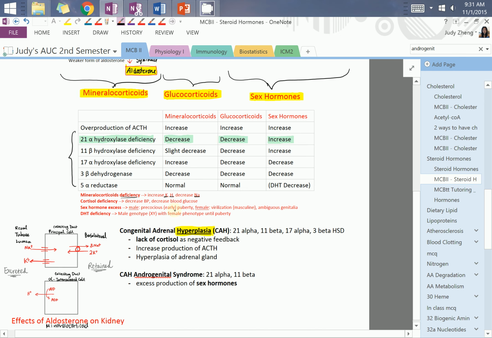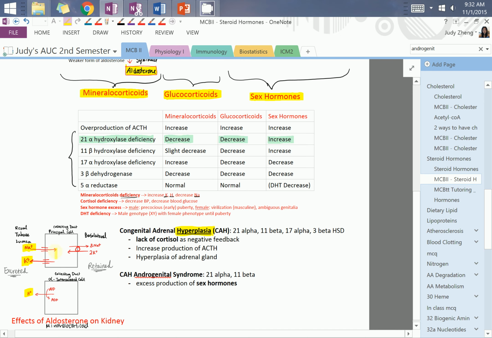So you just need to know here what's happening to these ions. So in the renal tubules, the cells lining the collecting duct basically do three things that are responding to aldosterone.